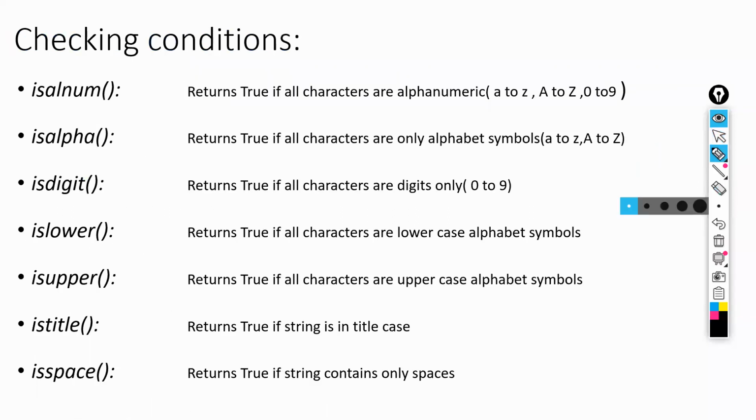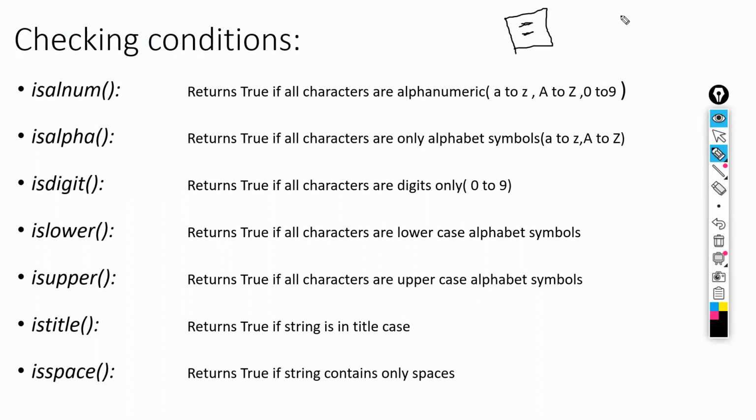And checking conditions. So what does it mean? For example, we are creating one website, and there is a username and password. We have already entered the email address, and now we are going to enter the password.